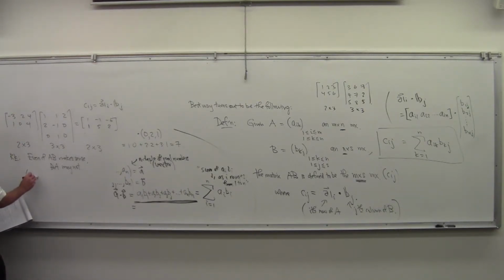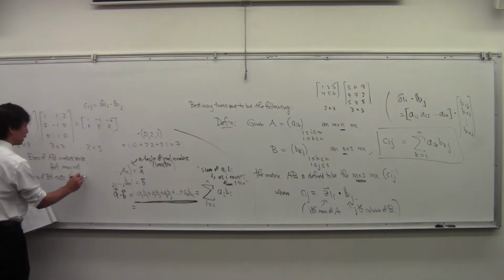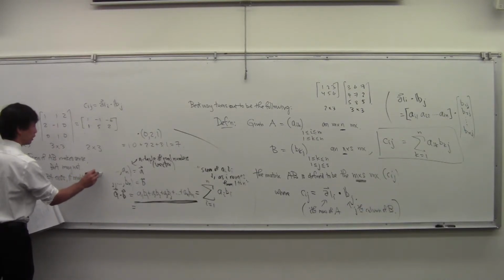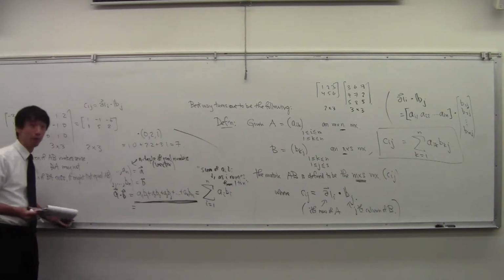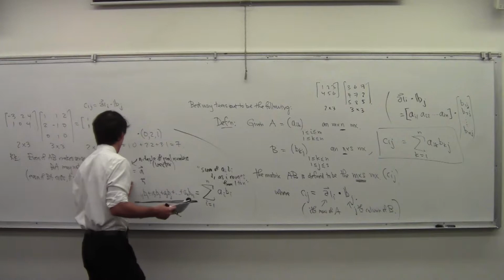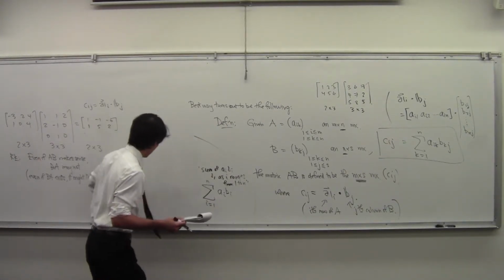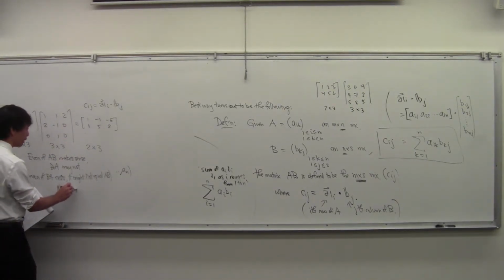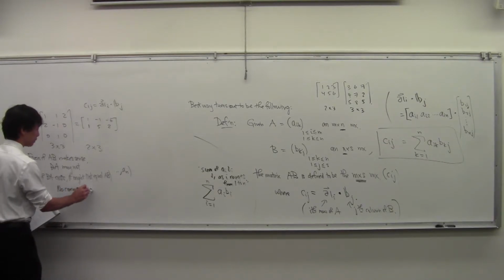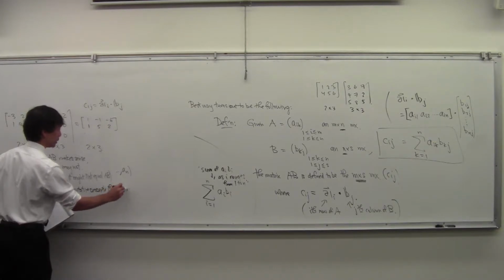Even if BA exists, it still might not equal AB. So matrix multiplication is different from numerical multiplication. It's not commutative. There's no commutative property for matrix multiplication.